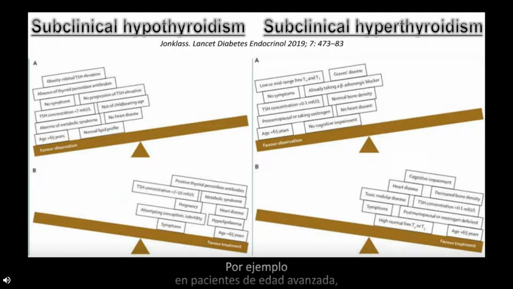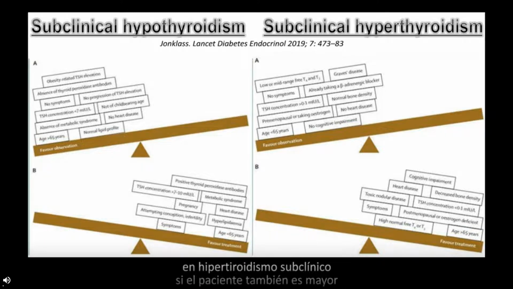For instance, in older patients and also those that have TSH less than 7, with subclinical hypothyroidism, the inclination is to observe.